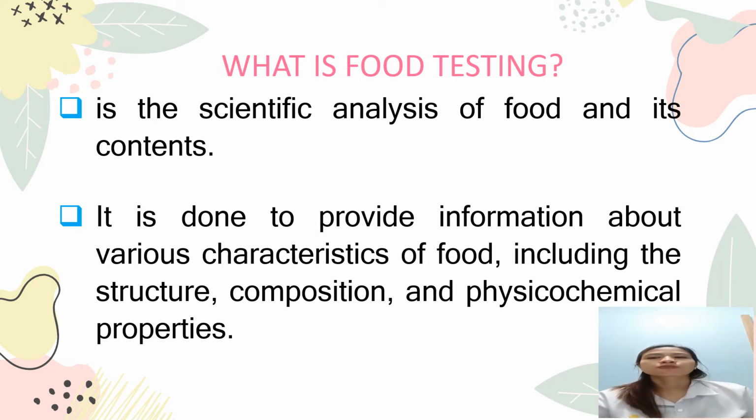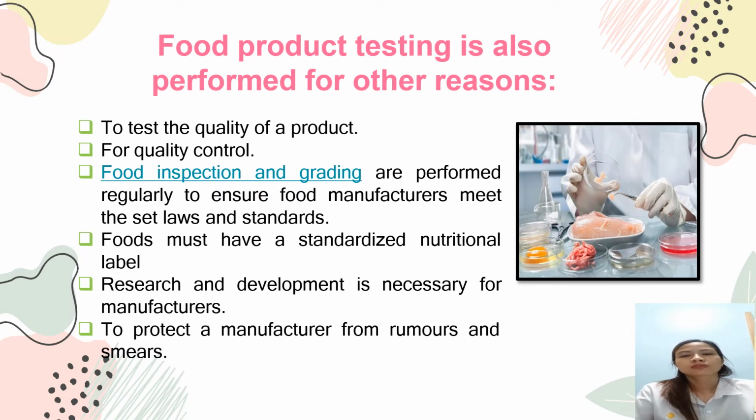It is done to provide information about the various characteristics of food, including the structure, composition, and physicochemical properties. An example of food testing is the sensory evaluation of food, which uses the human senses, like sight, taste, touch, sound, and smell. So, that's all for these slides.